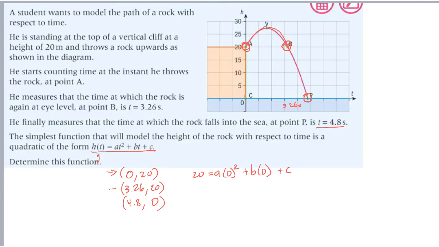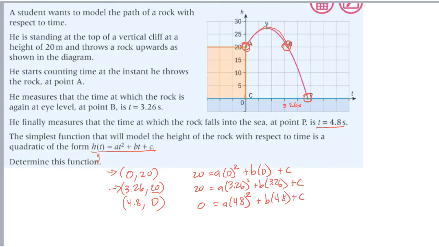Then I can put the next one in: 20 equals a times 3.26 squared plus b times 3.26 plus c. And then the last one, which is 0 equals a times 4.8 squared plus b times 4.8 plus c.